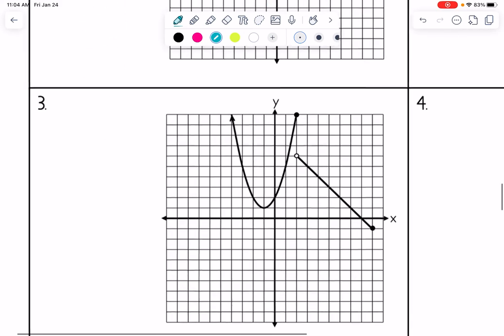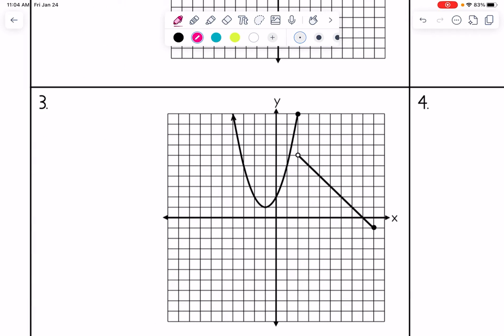All right, for number 3, we have a piecewise function here. If I look at number 3, the absolute minimum occurs at -1. Excuse me, absolute minimum of -1 occurs at x equals 9. But we also have another minimum on the graph.